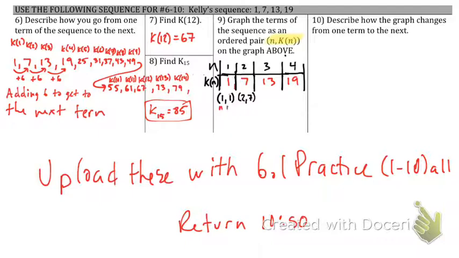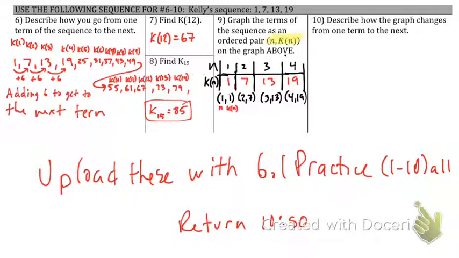N, and this guy's k of whatever n is. But it means x and y, input, output. We're just renaming them. That's all it means. So if I had to do all my points, this would be 3, 13.